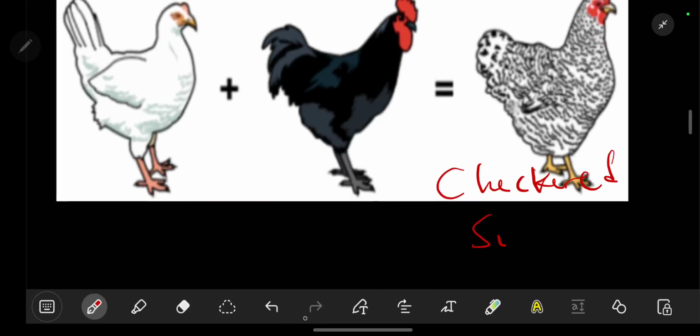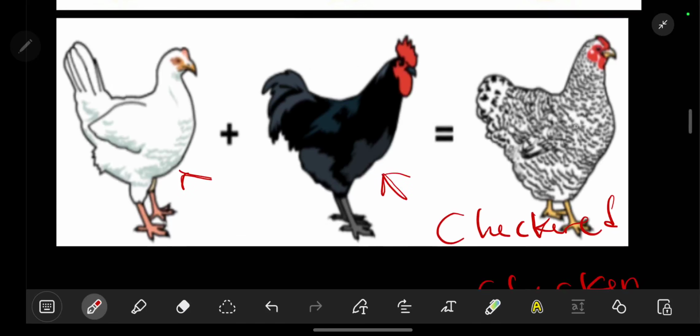So this chicken is formed as a combination of the white chicken and the black chicken to produce this color. As you can see, it has got white, black, white, black, white, black. That is what we call codominance, when the colors are equally expressed like that. So those are the two examples that you might have under that one.